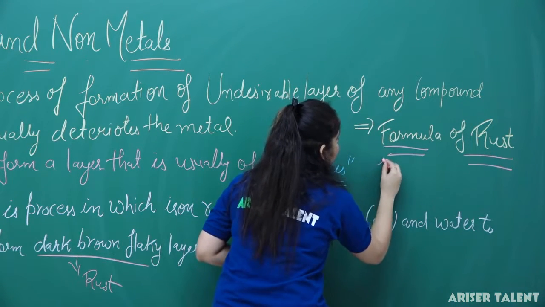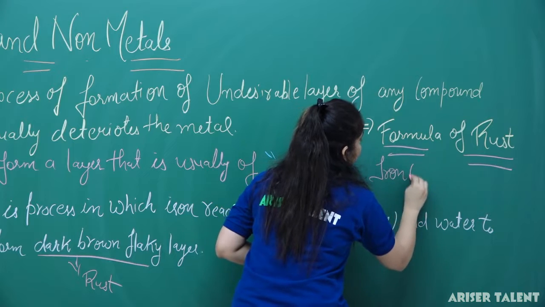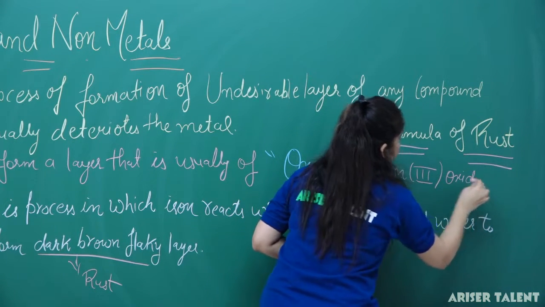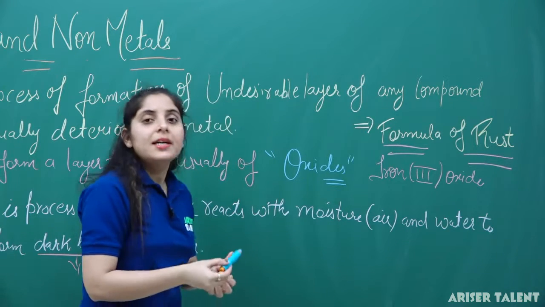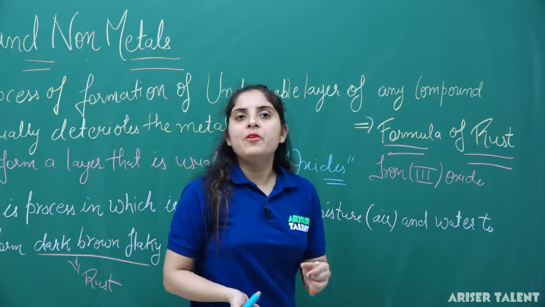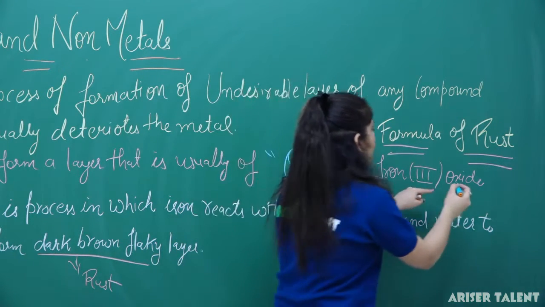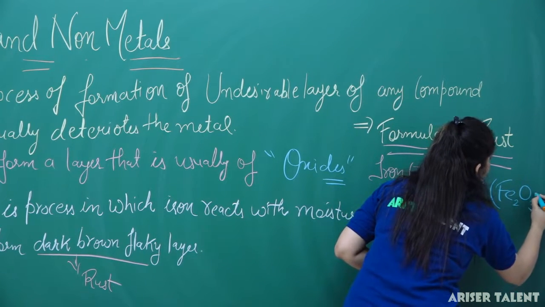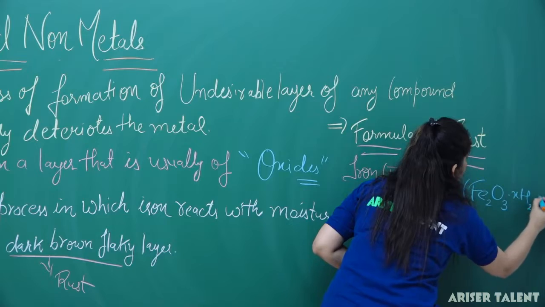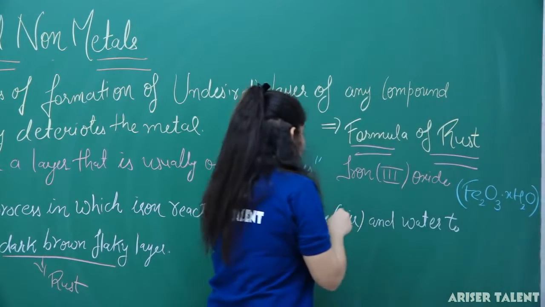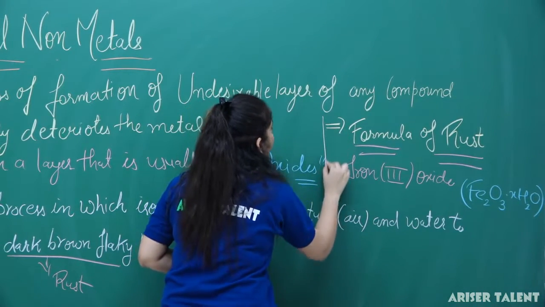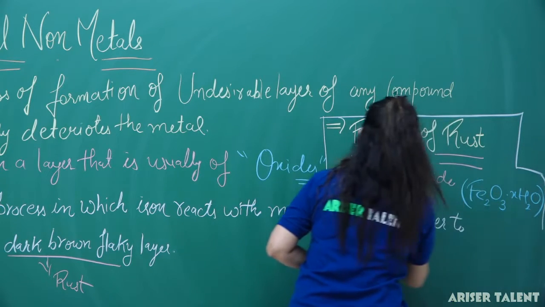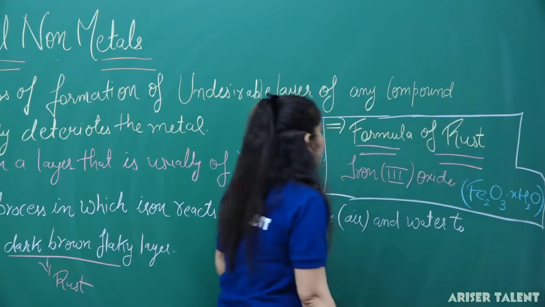Rust is basically iron third oxide, and its basic formula is Fe2O3.xH2O. So this will be the basic formula for the formation of rust in the case of iron.